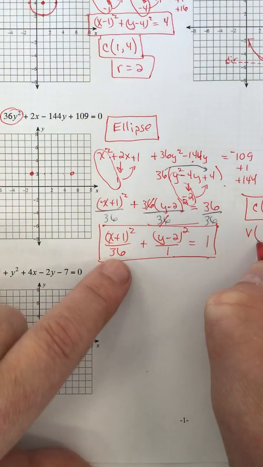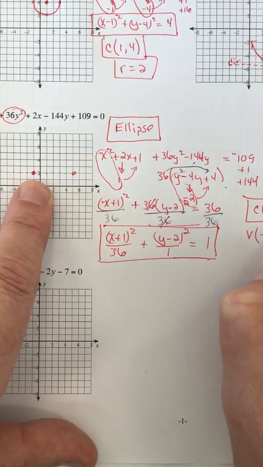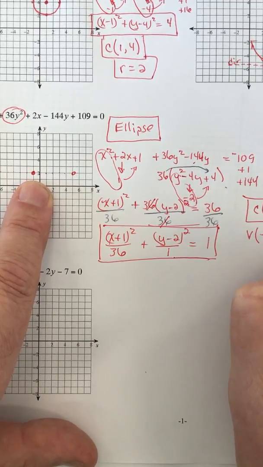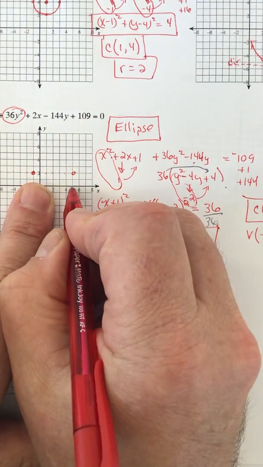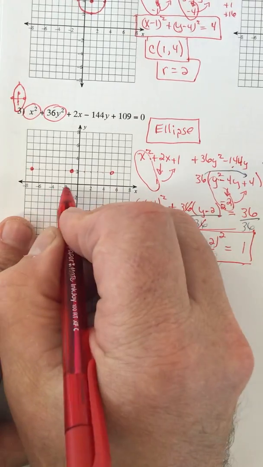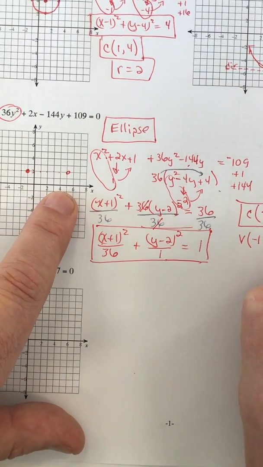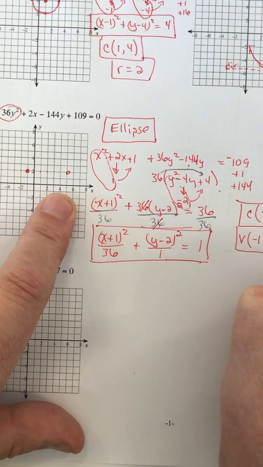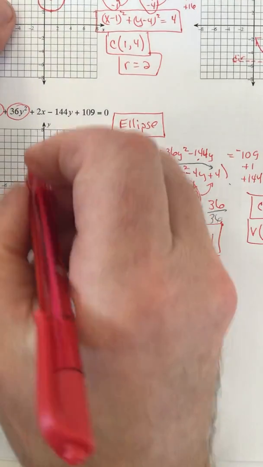So those vertices were from the -1 sideways, and we went plus and minus 6, which gives us 5 and -7, which is sure enough, we went over 5, and here we went over -7. And then, of course, they were both up 2. So there's 2 of the vertices. There's the major ones. And then the y's are square root of 1, so up and down 1.